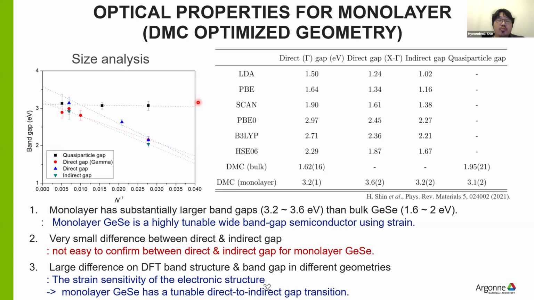From these tables, we clearly see that the monolayer has a substantially larger band gap than bulk germanium selenide, and that gives us the possibility that this monolayer system is a highly tunable wide band gap semiconductor using strain. And we see a very small difference between the direct gap and the indirect gap. So unfortunately, it was not easy to confirm the difference between the direct and indirect gap for the monolayer structures using QMC, but it tells us some possibilities.